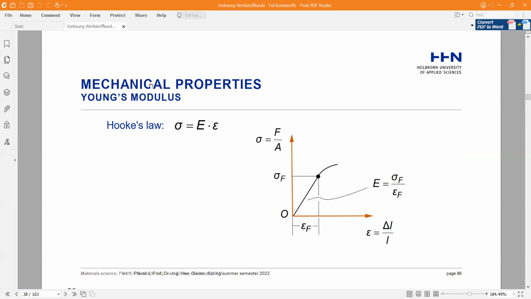So here we have the formula for Young's modulus and the famous Hooke's law.